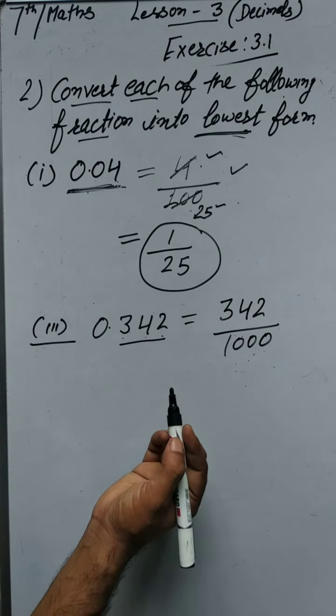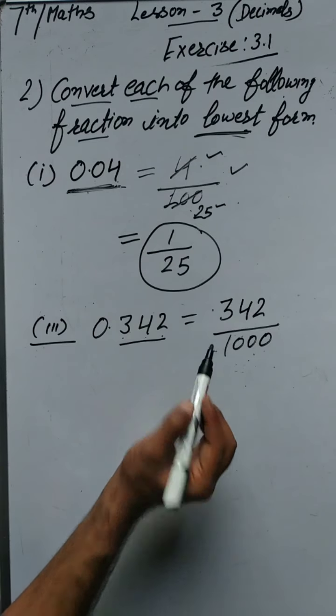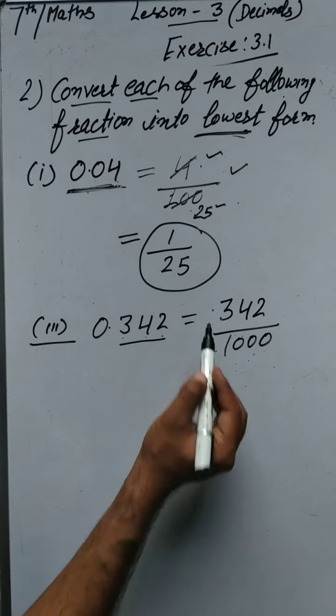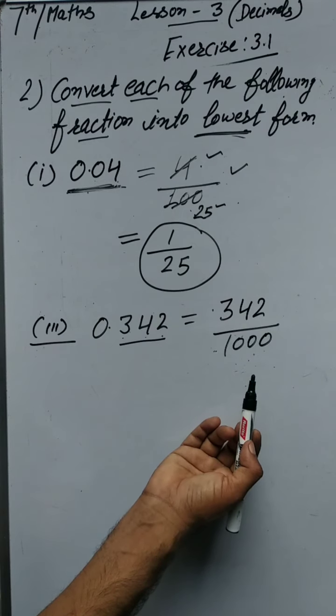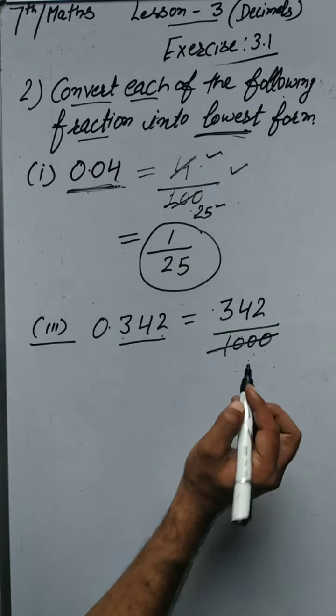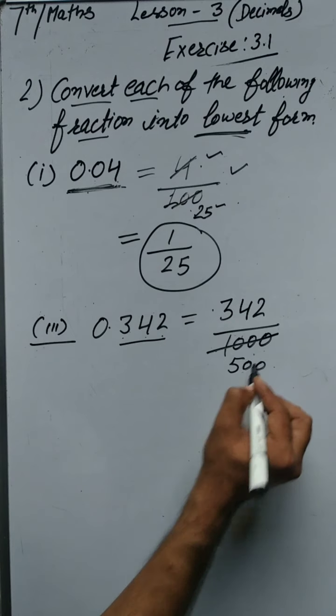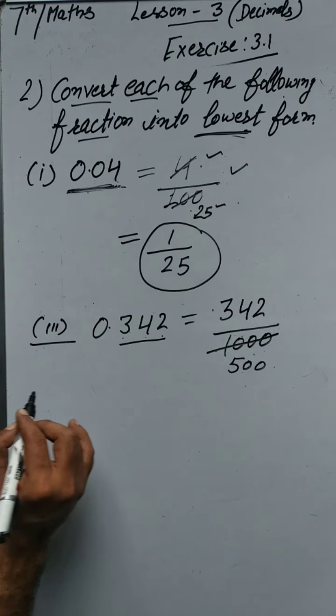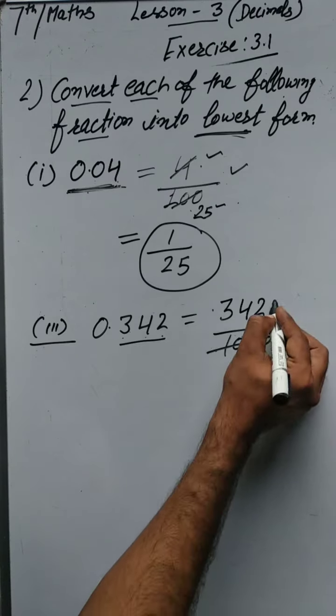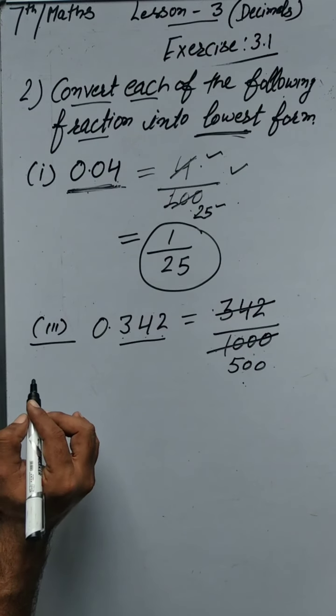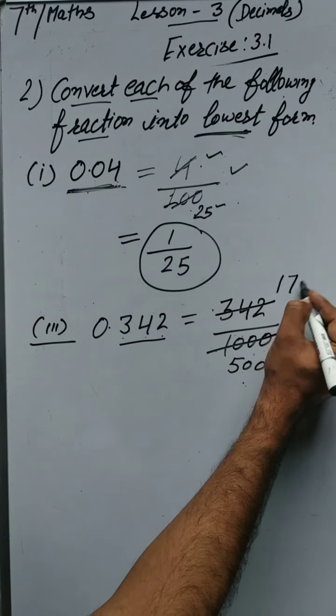Understood? Now look. Is there anything common? Obviously, both are even numbers. 2 is common. Okay. So it will be cancelled, giving 500. Understood? 500 2s are 1000. And it will be cancelled giving 171. Means 2 is common.